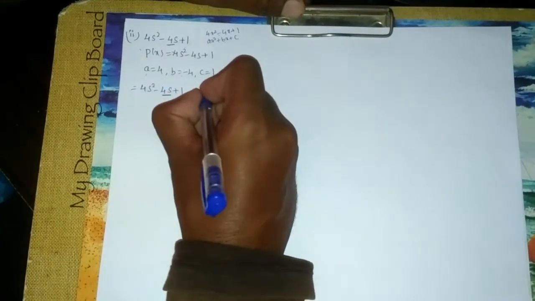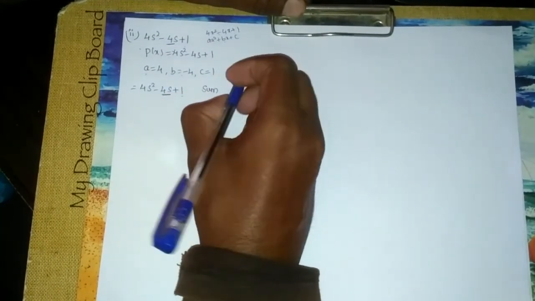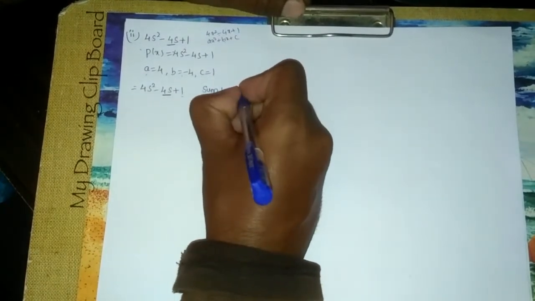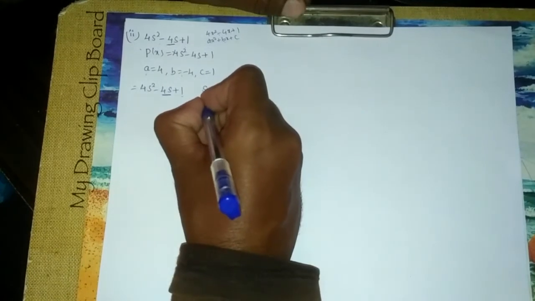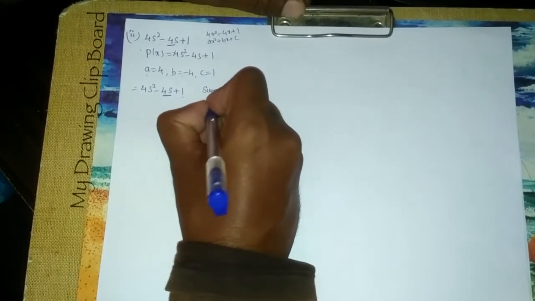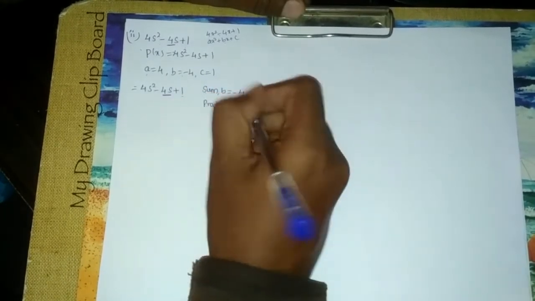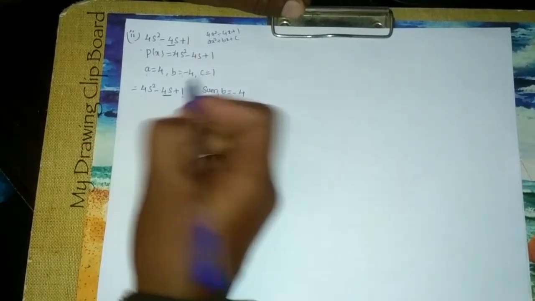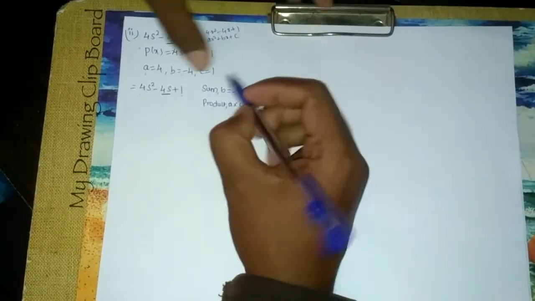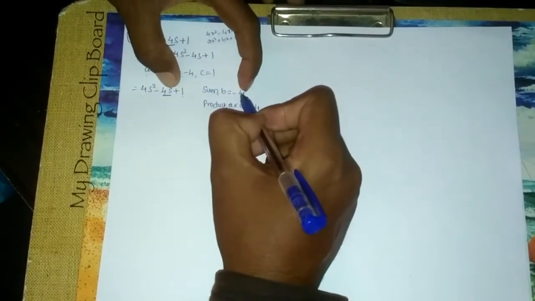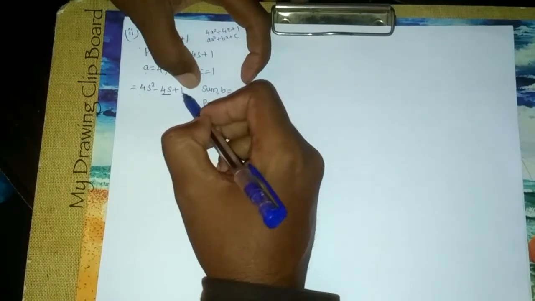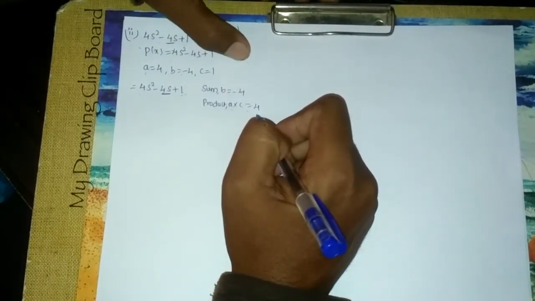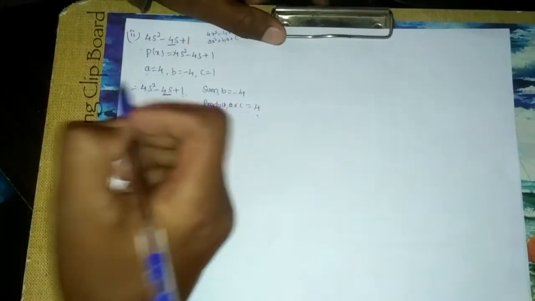We need to split 4s in such a way that when we add we should get b, that is minus 4, and when we multiply we should get the product a into c. 4 into 1 is plus 4. When we add, the middle terms should give minus 4, and when I multiply these two terms, that is a into c, I should get plus 4. In that way I need to split.